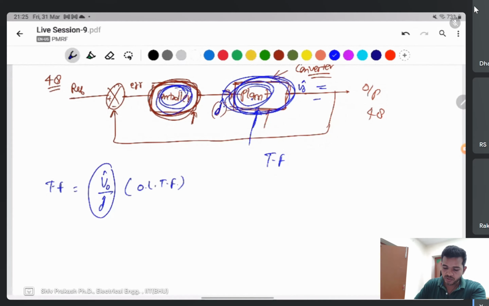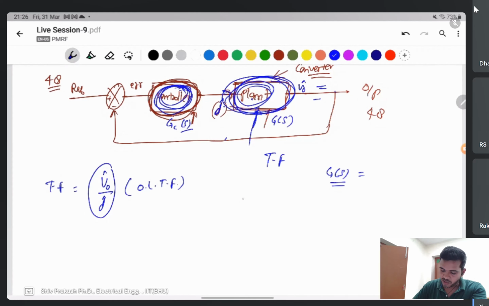Then you have to design a controller by taking the closed loop system. If you connect the controller, the open loop transfer function is GS and our controller is GC.